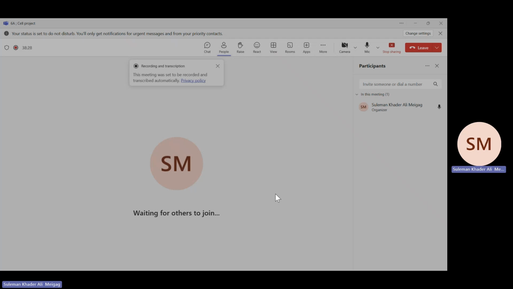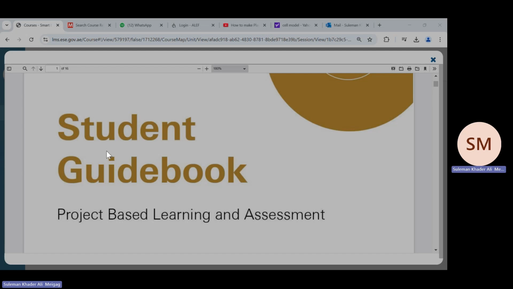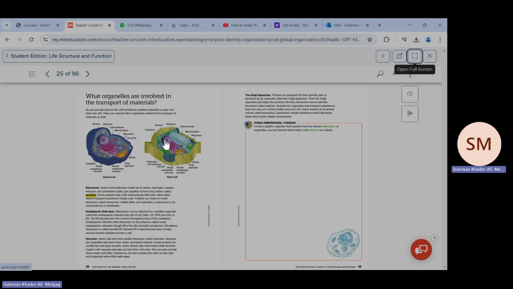Okay? Any question there, I will answer and try and help you. Don't forget, this is important. It is in your file. Okay? You can use your book. Lots of information about the cell in your book.